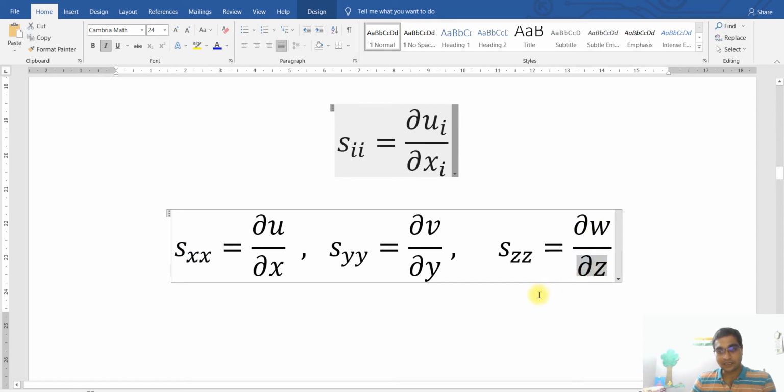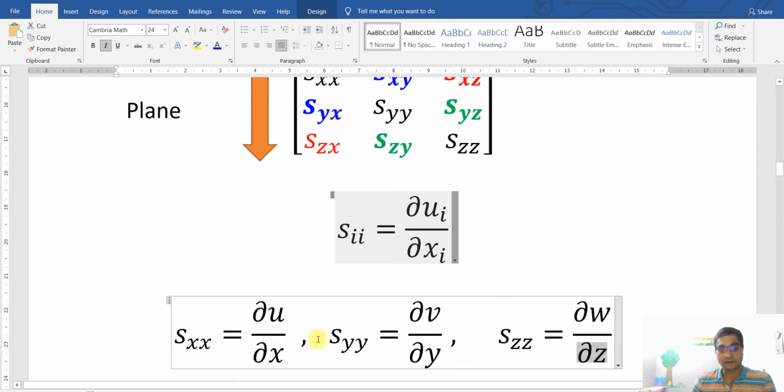That means for linear deformation, you can define the gradient of the velocity in the same direction. Okay, gradient of u in the x direction, gradient of v in the y direction, gradient of w in the z direction.